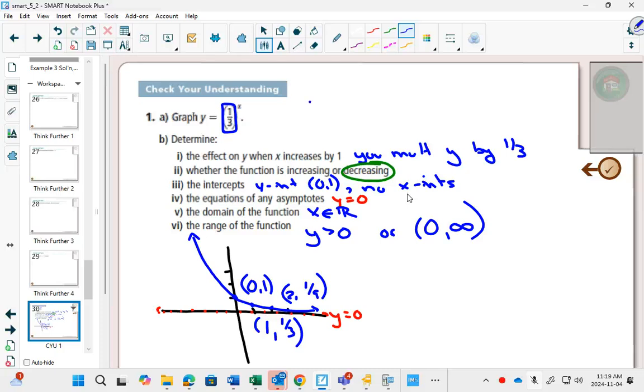In fact, most of them will have this shape of increasing, because for the most part, we deal with numbers that are bigger than 1 here: 2, 3, 4, 5, 6, 7, 8, 9, 10. But if it is a fraction less than 1, then we get the shape that we have in our graph where it is decreasing. All right, questions for practice, you can circle 3, 5, and 7.